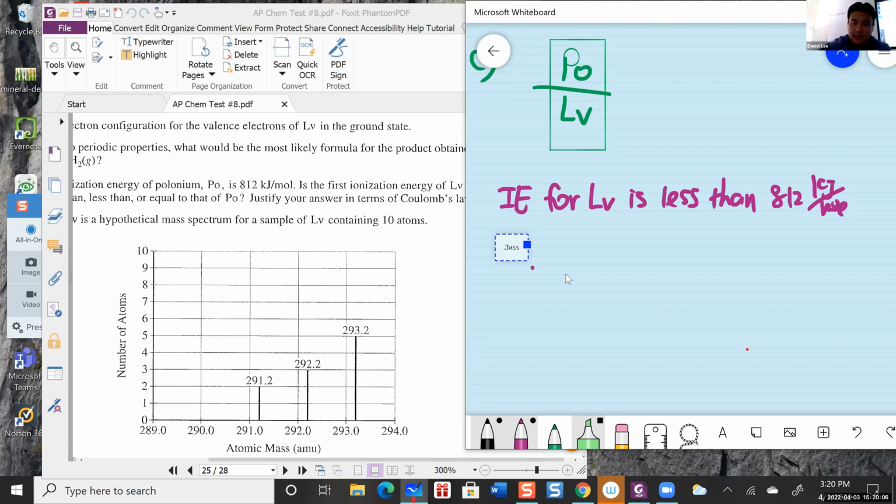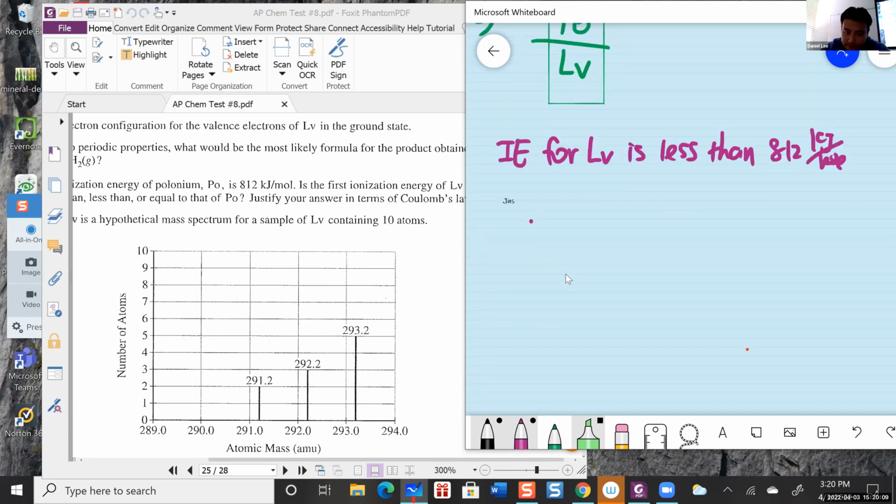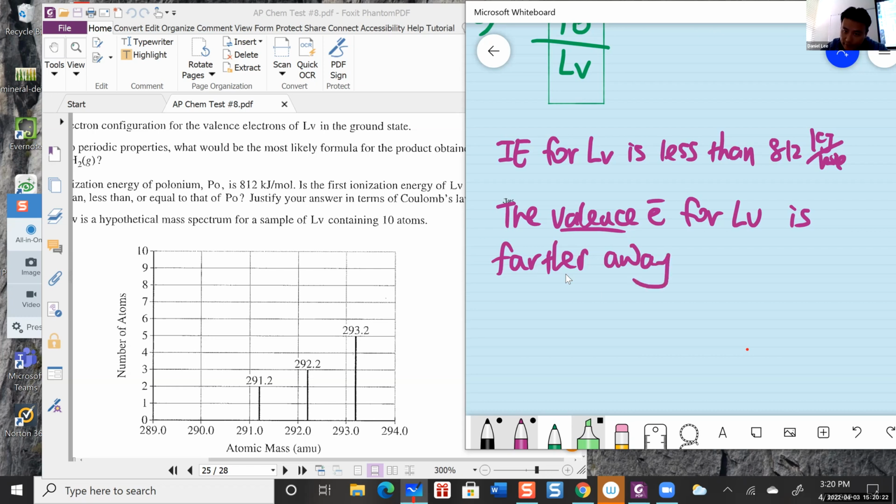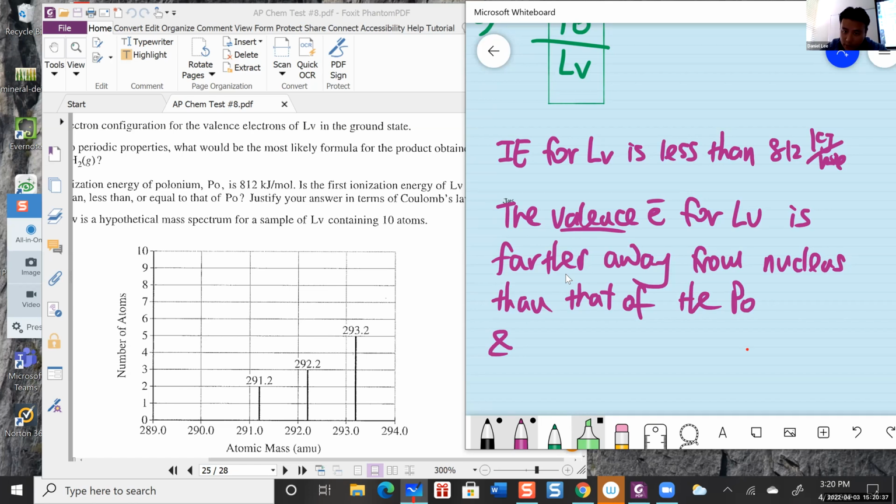You want to say that the valence electron, because that's ionization energy, for LV is further away from the nucleus than that of the PO, and is more shielded than that of the PO.